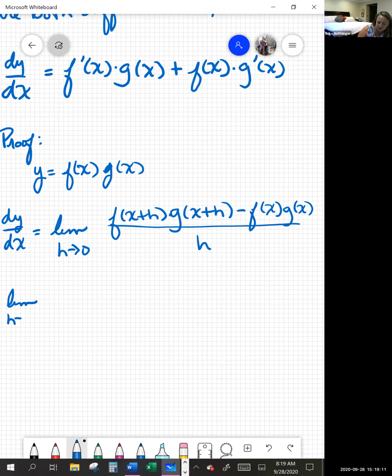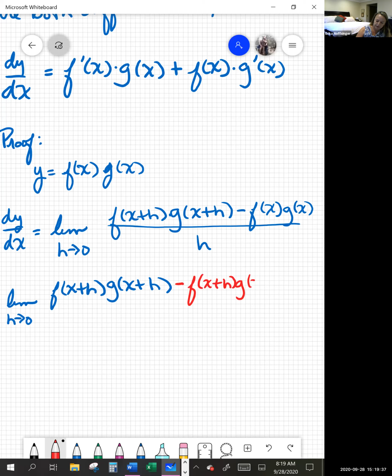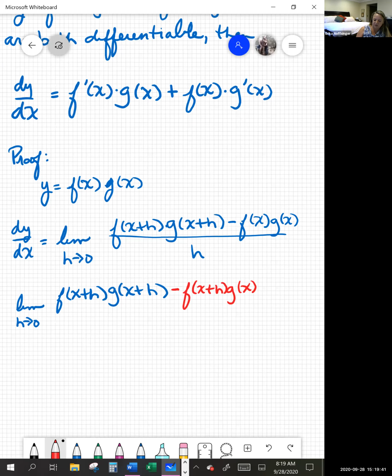As h goes to 0 of our original, or this f of x plus h, g of x plus h, and this is where we're going to add in that value. So let's do f of x plus h times g of x. Okay, so I need to add 0 in here.